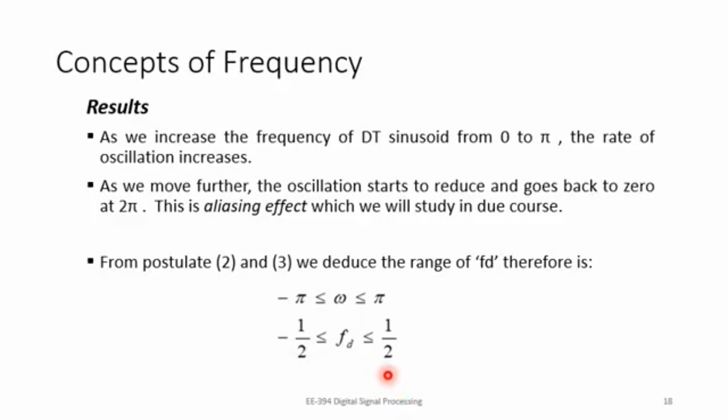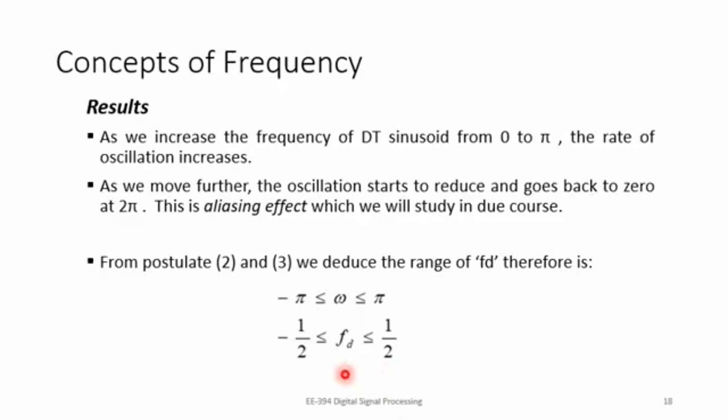We apply a rule on ourselves that if we want to satisfactorily perform operations in the discrete time domain, then frequency will have to be limited between 0 and half, because between 0 and half there is no problem of the signals repeating themselves, and also the frequency keeps on increasing until we reach FD equals to half.